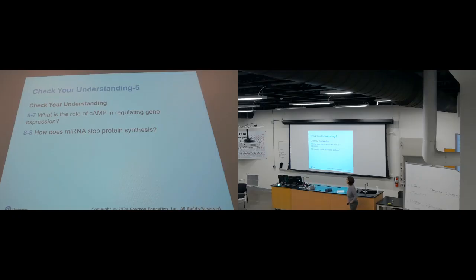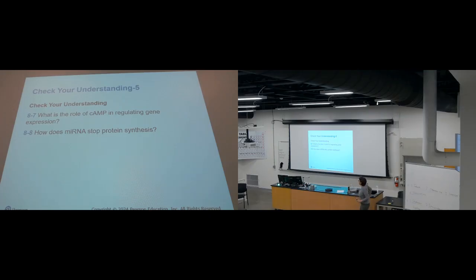Okay, question number 1. What is the role of cyclic AMP in regulating gene expression? Binds to the protein, and it's in the presence of glucose, not in the absence of glucose, and it pushes the lac operon to the metabolic factors.